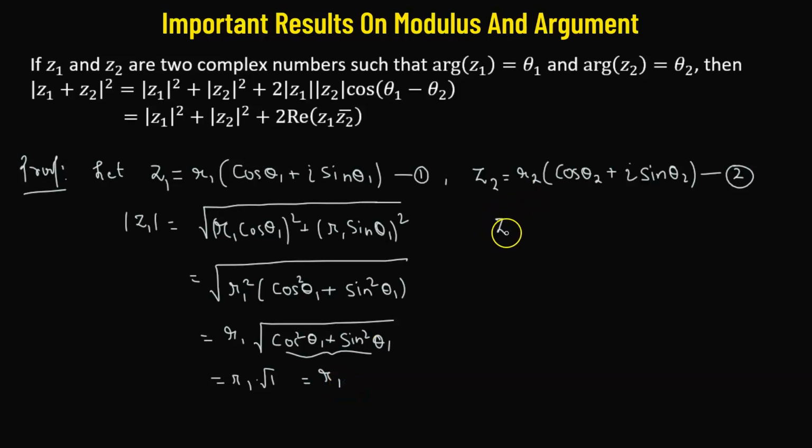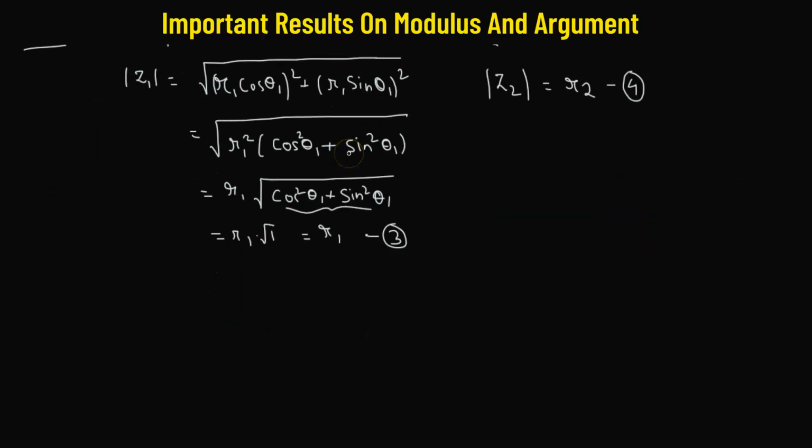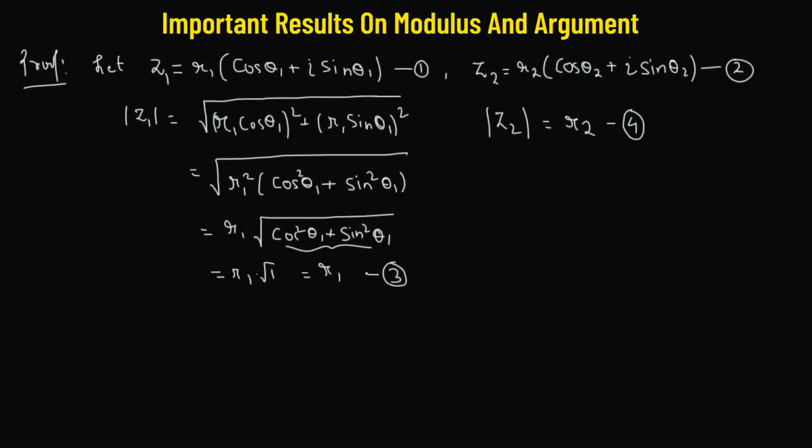In a similar fashion, we can show that the absolute value of our complex number z2 will be equal to r2. We're going to label these as number 3 and number 4. Right. Now we will add our complex numbers z1 and z2. So let's start by adding z1 to z2.